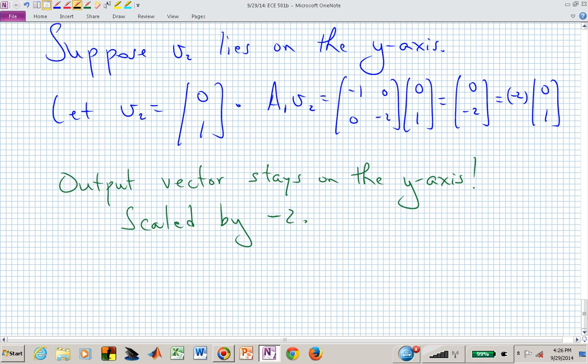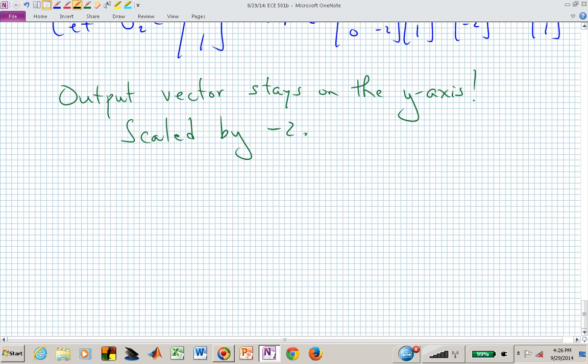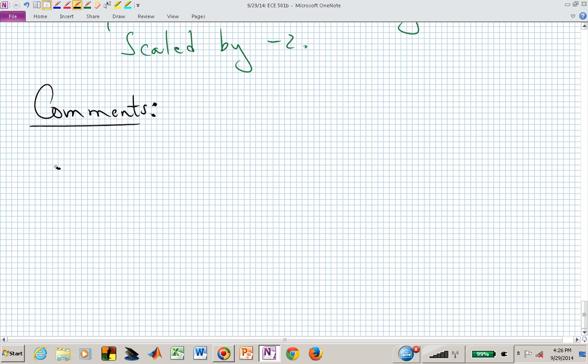So let's make some comments from this example. These comments are based only on this example, which was A1, which is the diagonal matrix. The initial vectors were eigenvectors.